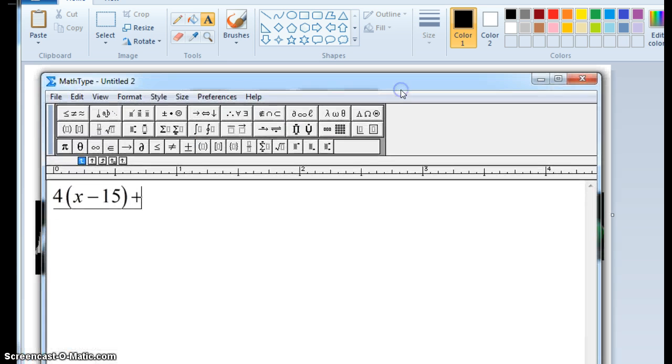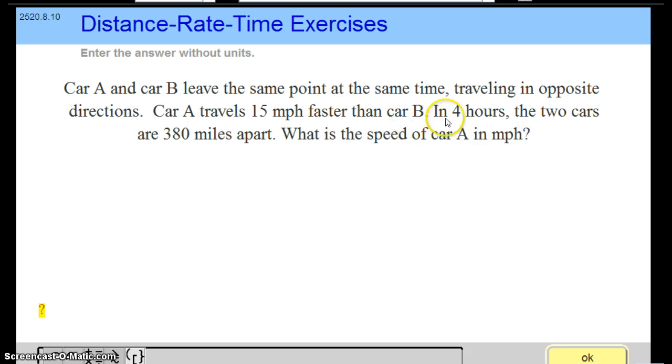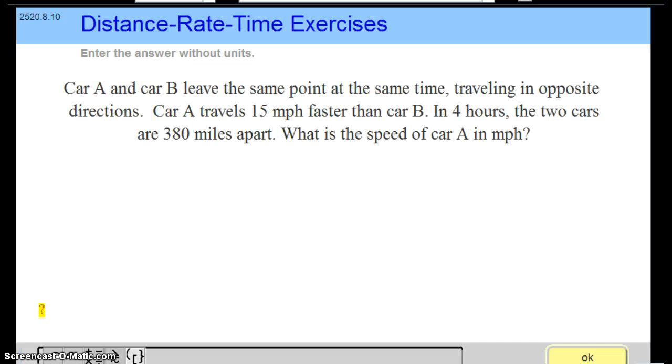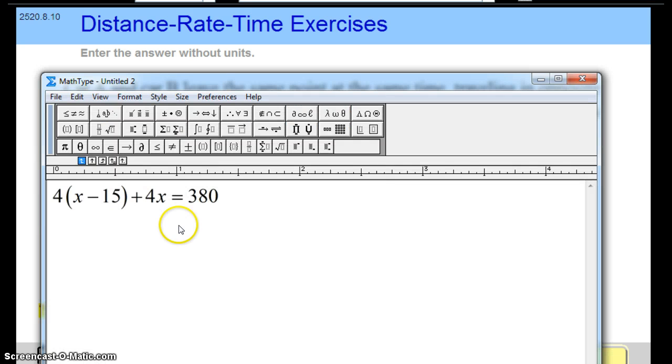So we're adding two distances, and that equals 380, because according to the problem, in 4 hours the two cars are 380 miles apart. This distance plus this distance should be 380 miles, the distance they are apart. Because we named x the speed of car A, and that's what we're solving for, let's solve for x and we'll have the speed of car A.